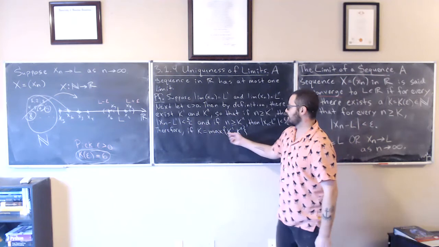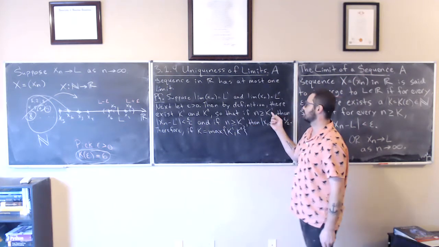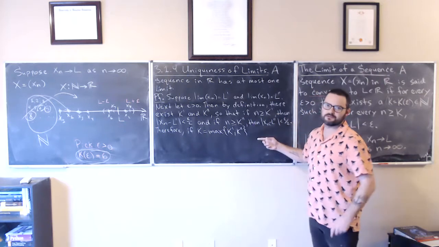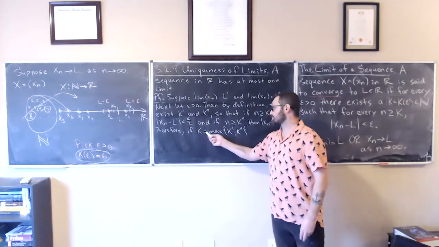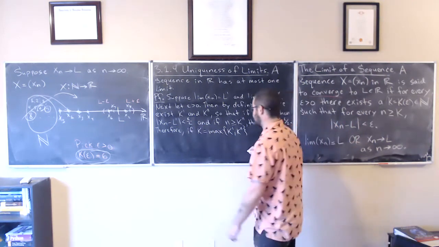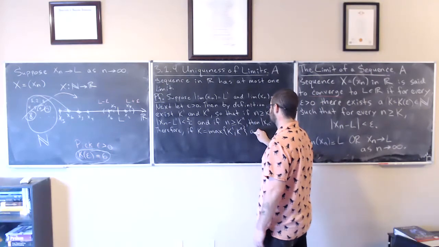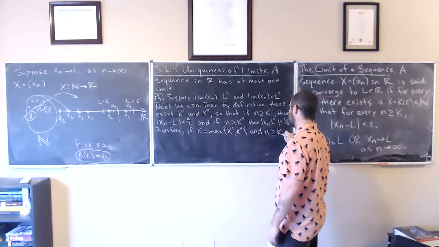Because if n is greater than that k, then it's greater than or equal to K double prime and greater than or equal to K prime, because it's bigger than or equal to the bigger of the two of them. So that must hold and that must hold.